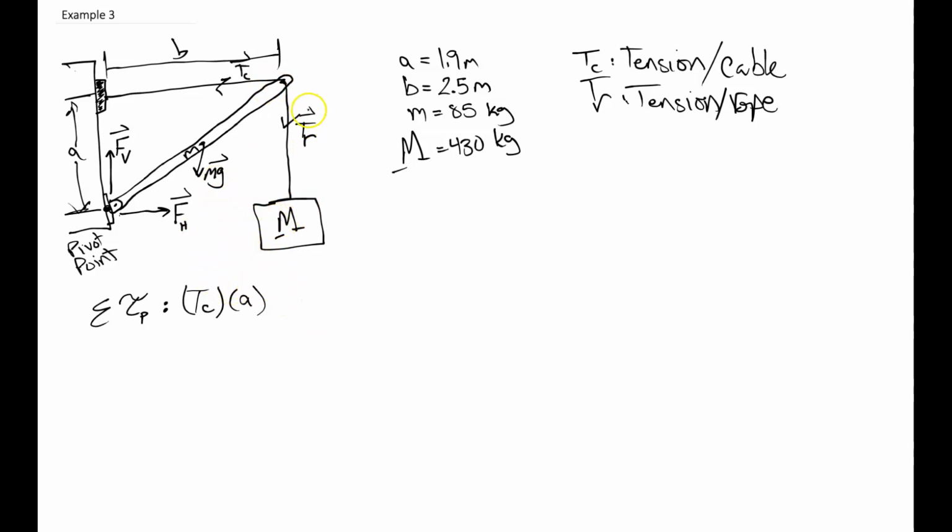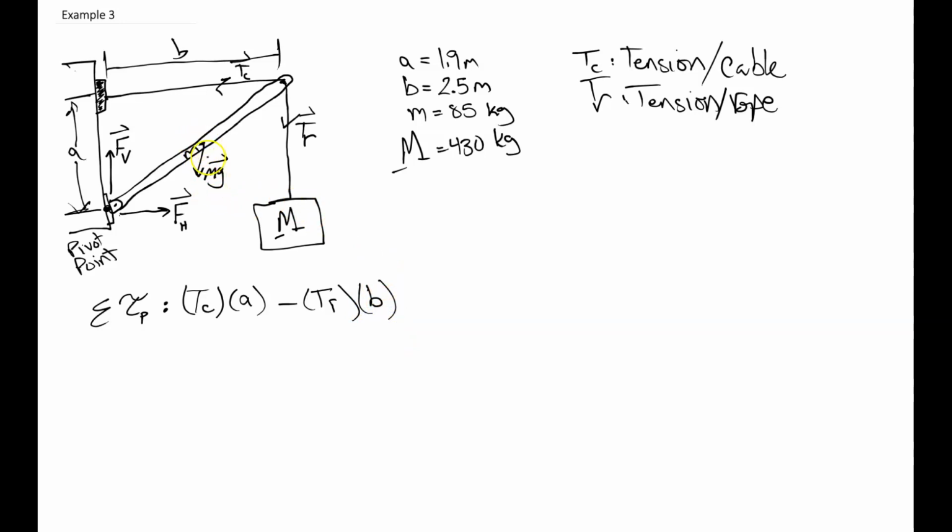Then we're going to have T sub R, and T sub R will give us a clockwise rotation, so that's going to be minus T sub R, and the vertical distance from where T sub R is pointing to the pivot point is B, so times B.